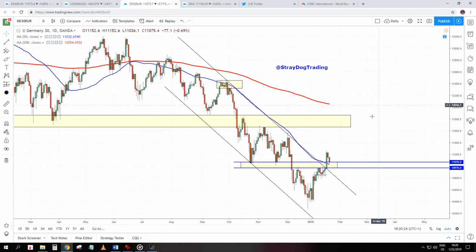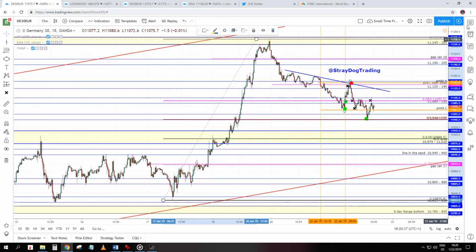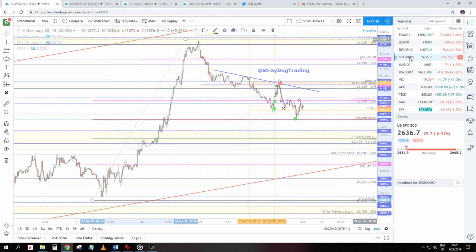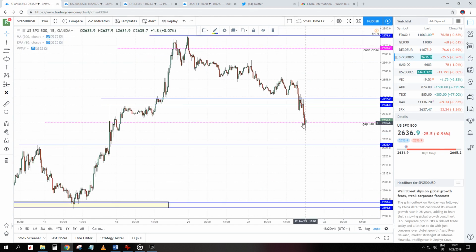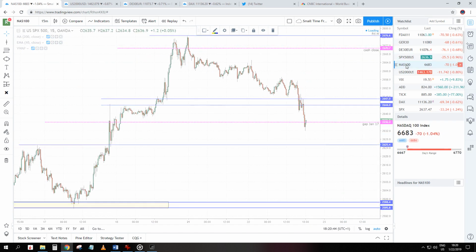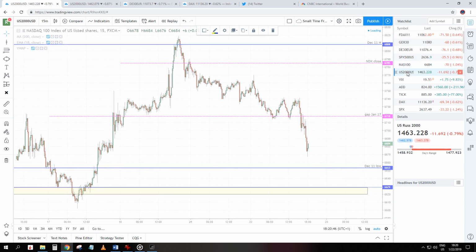On the daily chart we have a back test, as said in the previous videos, that maybe DAX will back test the daily 50. It happened today, and when you observe the situation on the S&P, it's going down. It has filled some gap from January 17. Nasdaq went below, Russell went below.